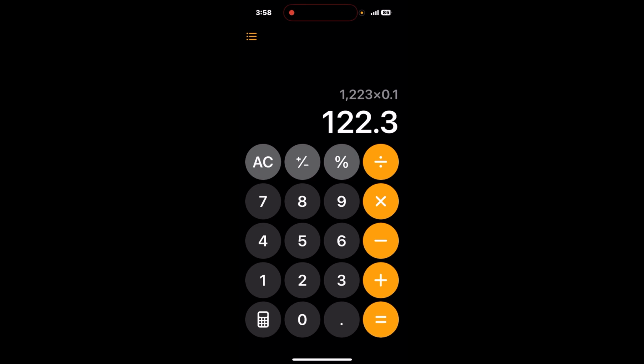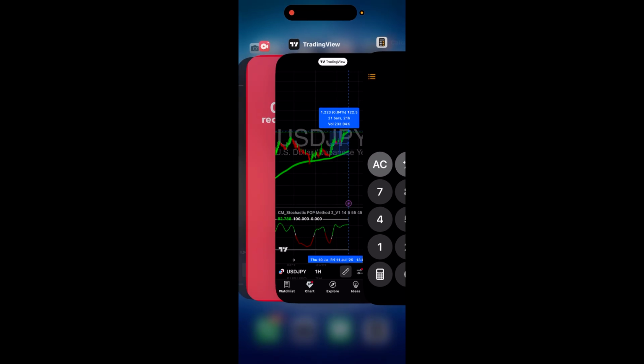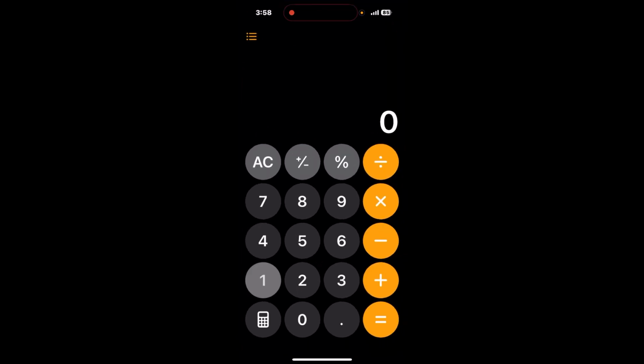Now, 122.3. If you did this at 0.10, that's 122. Let's see if I get this right here. 122.3 times 0.1, that's $122. 122.3 times 0.01, that's $12. So it's $12 at 0.01.